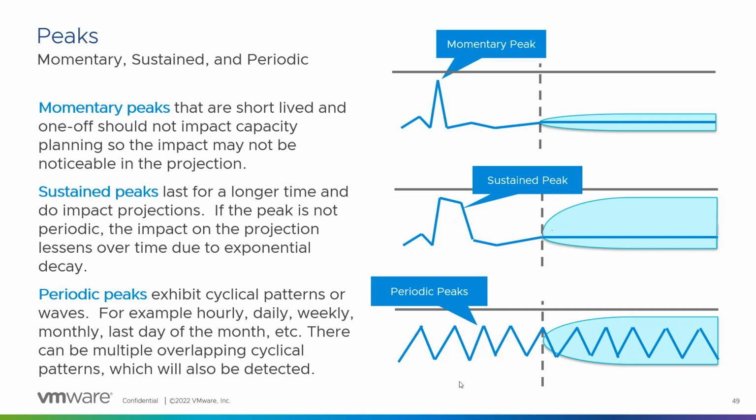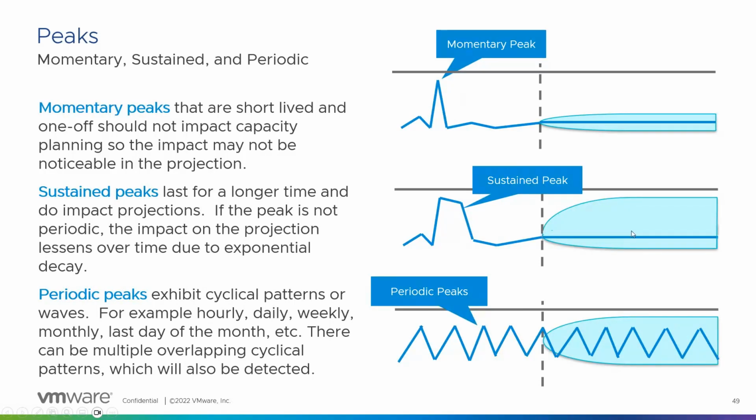So when you see those kinds of peaks, you'll see your projection range increase. It becomes much larger because there's now more uncertainty whether that peak is going to come back. That's why we call them sustained peaks. The projection range grows when it thinks that peak might be important. It doesn't know for sure, because you see the projection over here wasn't impacted, but the range increased and got larger.